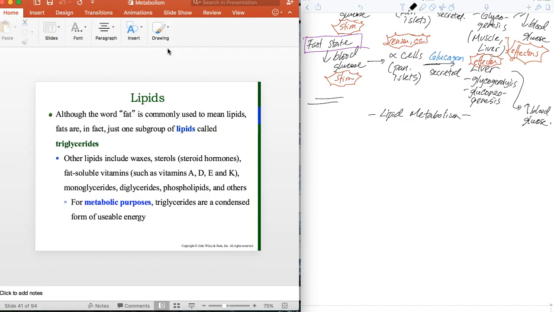What are some roles of fats in the body? Okay, we're not talking about roles of fat on a person, but what do they actually do, okay? Triglycerides. Cell membranes. Remember, they can be modified to make phospholipids. Energy storage.